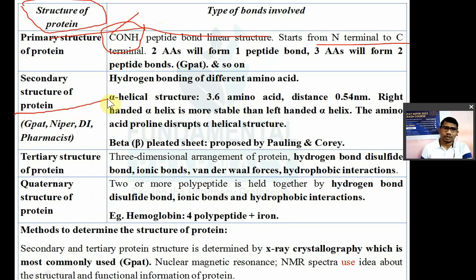Secondary structure of protein. Why is there a secondary structure? Now in the primary structure there is a single peptide.